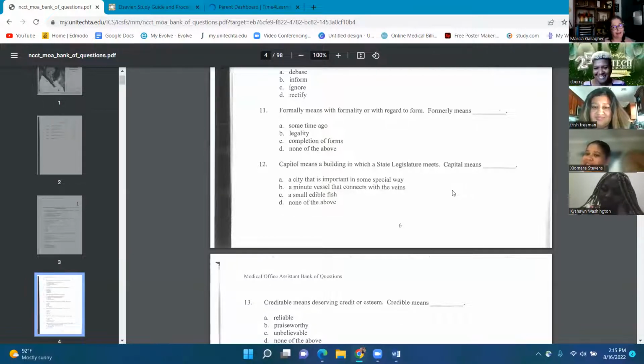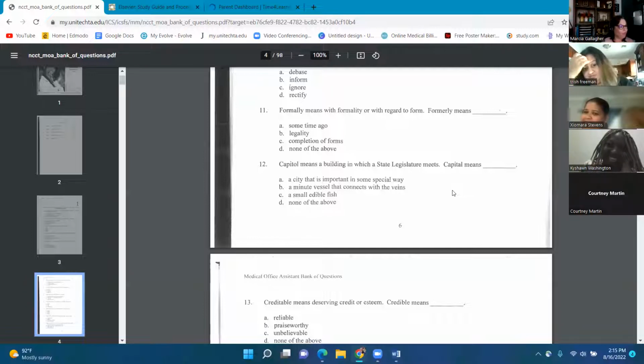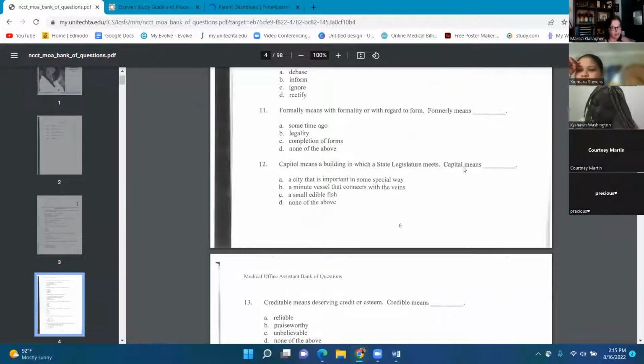You sure it's not like the capital of Louisiana is Baton Rouge? Okay, look at the beginning of number 12. That kind of capitol is spelled C-A-P-I-T-O-L. Studying for the NCCT exam that I have to take. All right, do y'all see the difference?